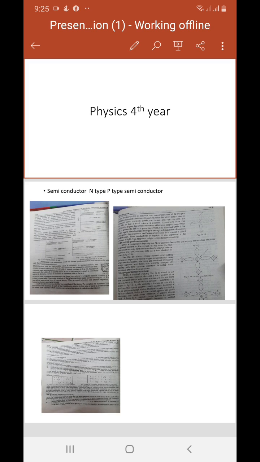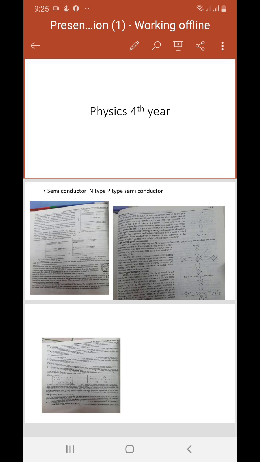A germanium or silicon crystal formed after adding the pentavalent impurity has an excess of electrons, and there are free electrons, so they conduct electricity. That's why it is called the N-type semiconductor. In N-type semiconductor, electrons are the majority charge carriers, and holes are the minority charge carriers.